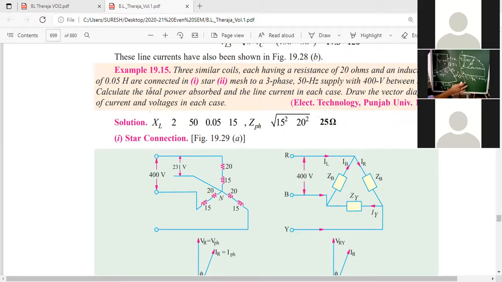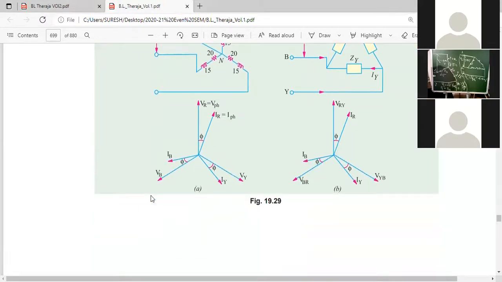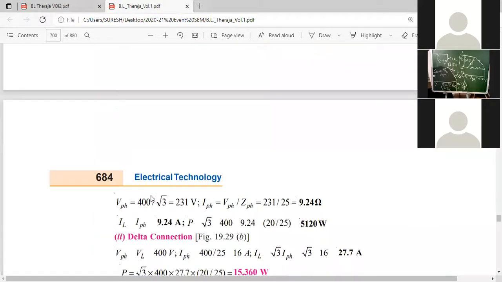But in star connection, what is your V phase? V phase is equal to VL by root 3. If you take VL by root 3, you will get 230.9. In your textbook, they are giving 231 volts.